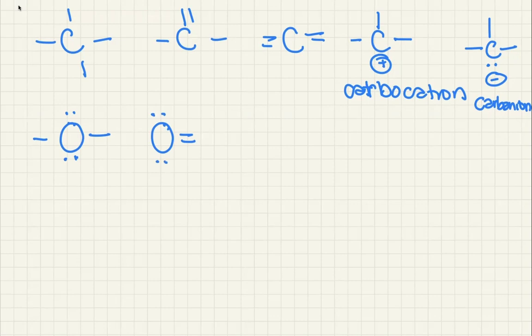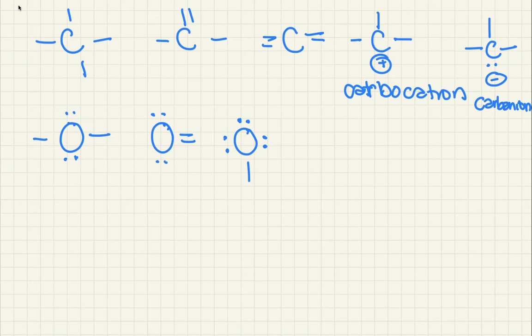Oxygen, we're also often going to see in a negatively charged form. We're going to see it as this form, where basically we're going to have a single bond, but then have 3 lone pairs of electrons. Now, oxygen, remember, to be neutral, it needs to have 6 electrons assigned to it because it has 6 protons.